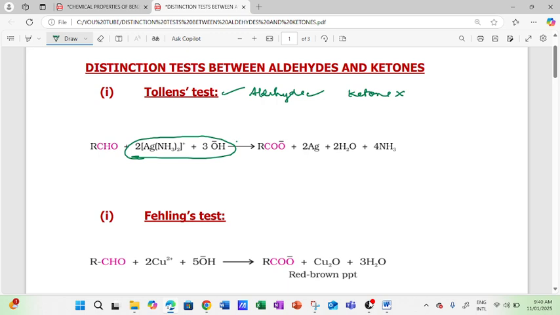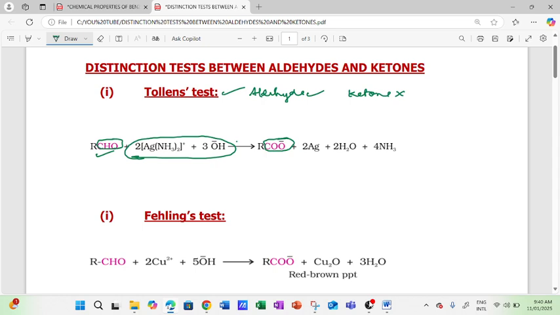So if you have an aldehyde and a ketone, we can use the Tollens test to distinguish between those two. RCHO is an aldehyde. When you add Tollens reagent, it helps in oxidation. The CHO aldehyde group changes to a COO minus carboxylate anion group.